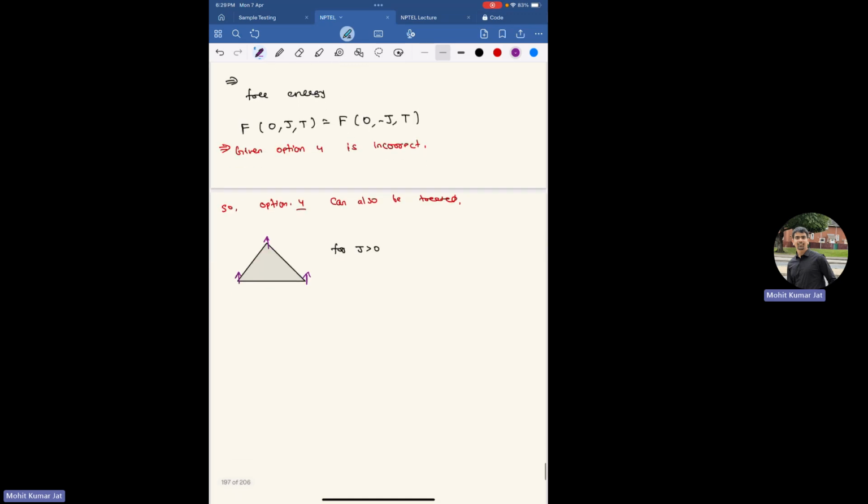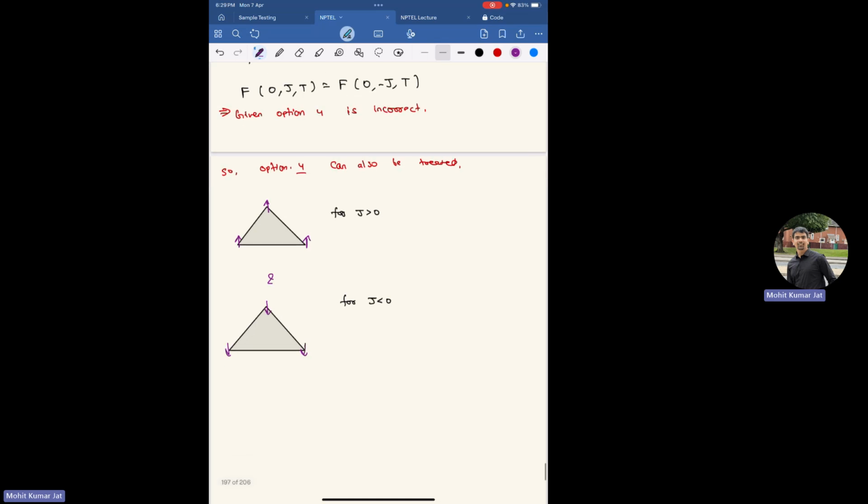and for j less than 0, what will happen? All the spins will flip in the other direction. Since the magnetic field is 0, since H is 0, what will this imply?